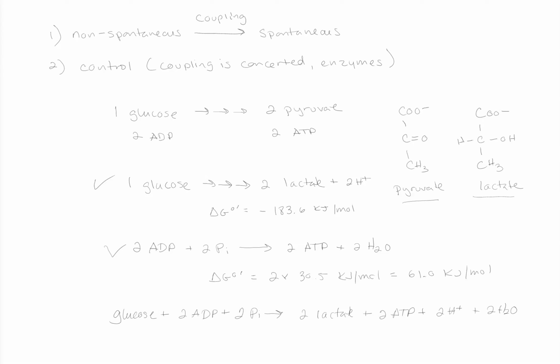And if we did this energetically, we would say that for the coupled process, delta G would be negative 183.6 plus 61, which would give us negative 122.6 kilojoules per mole. So this is a highly favorable coupled process.